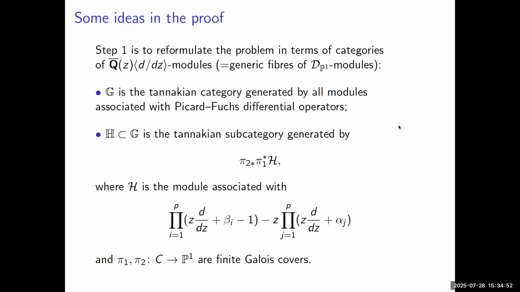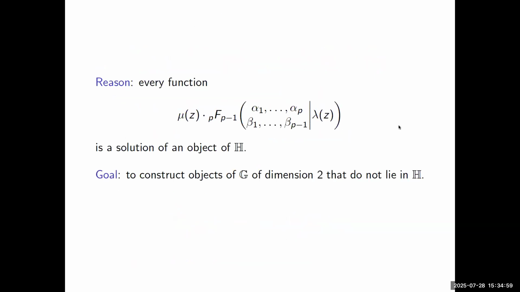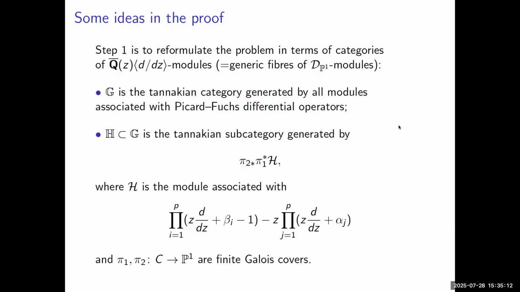What can you say about the differential order of objects in H and G? Of which function? This kind? Just objects in H, objects in G, is there any upper bound? Yeah, so well, first you need to restrict to those which are globally bounded, and then well, I think we know for the hypergeometric.